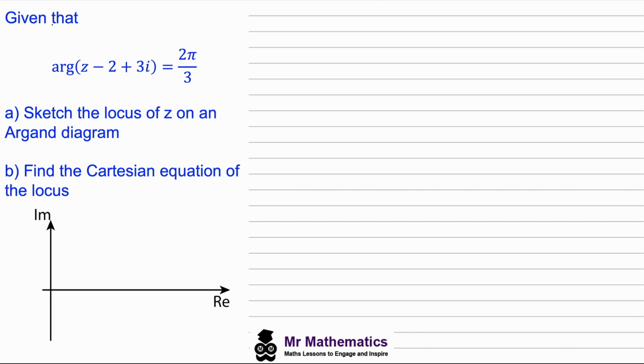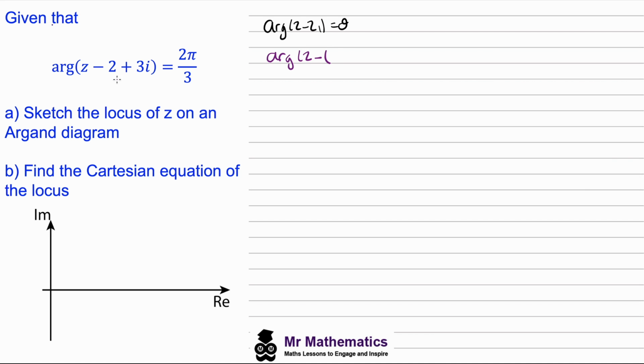Okay, so if we begin with a property we found in a previous video, where the argument of z minus z1 is equal to theta, we have the argument of z minus z1, and to make the z1 we'll use brackets.